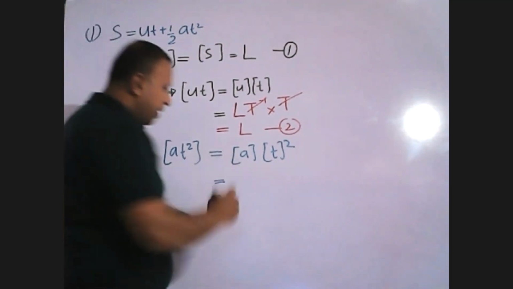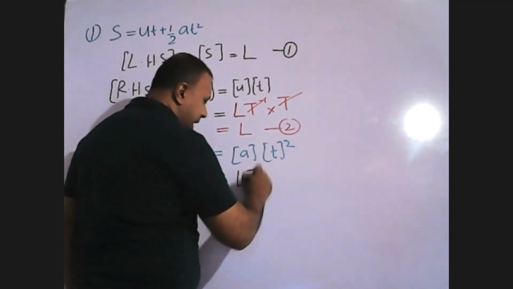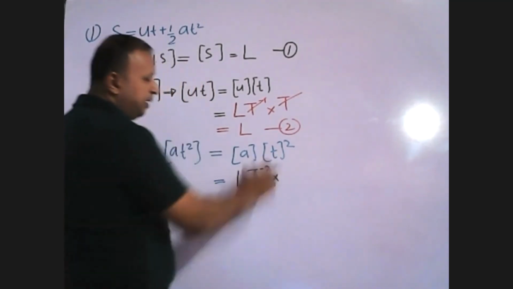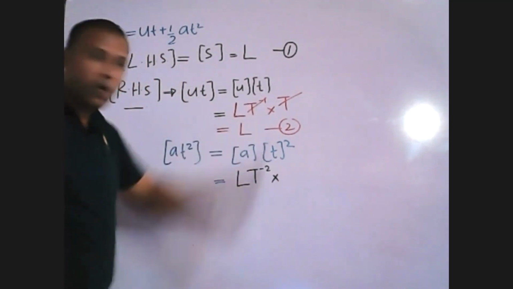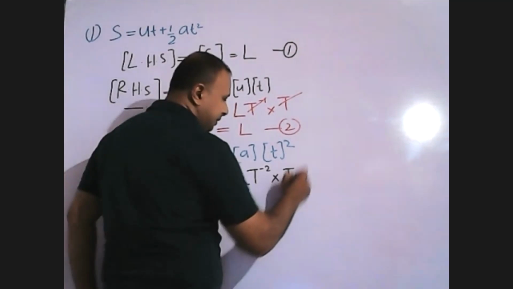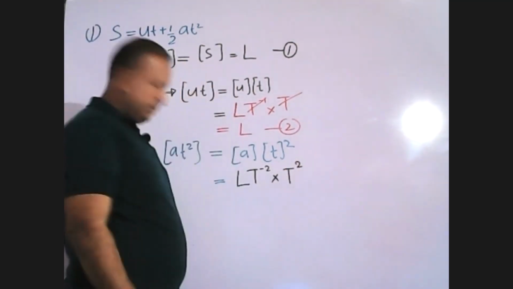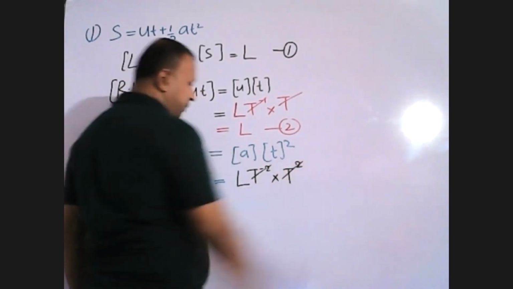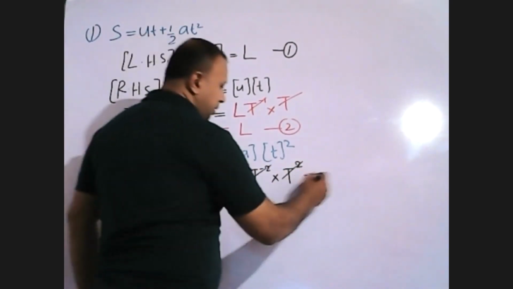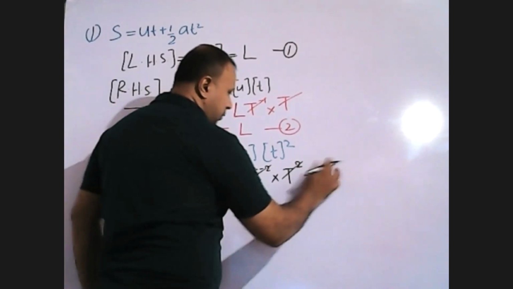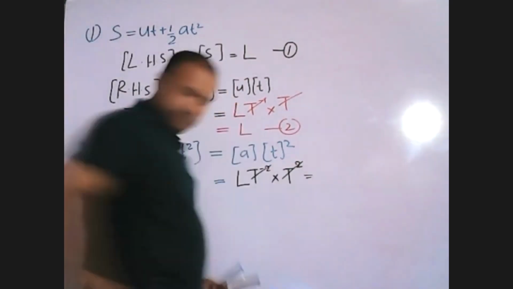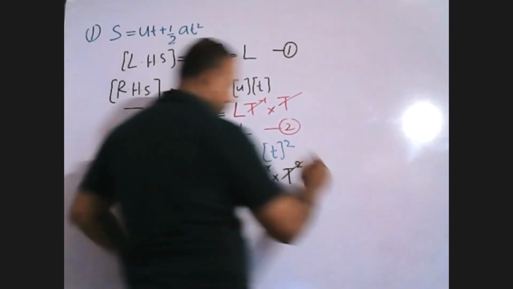The dimension of acceleration is LT minus 2, into the dimension of time squared, that means T squared. So T minus 2 and T plus 2 will be cancelled out. So this is equal to L.